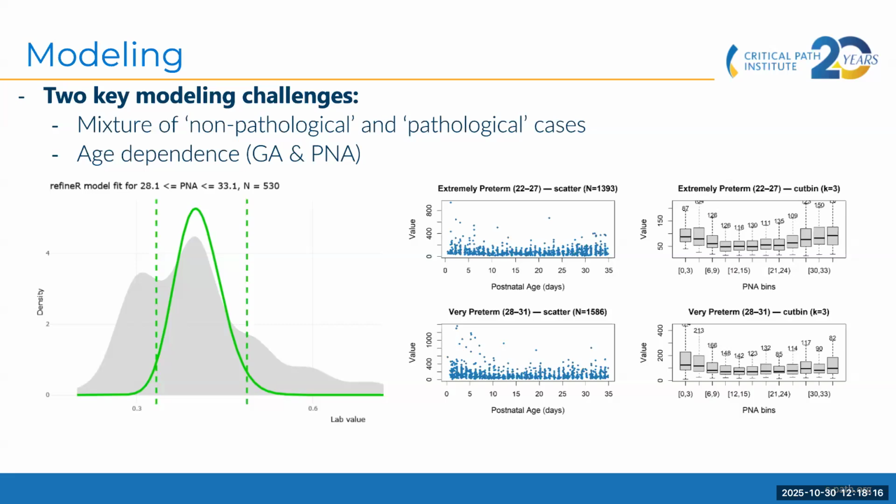We pooled across that, and then treated the postnatal age as a continuous variable, and used a technique called GAMLSS, that I'll talk a little bit about on the next slide, in order to model the continuous variability across postnatal age. And I think the four plots on the right are just demonstrating this variability across gestational and postnatal age, using box plots.